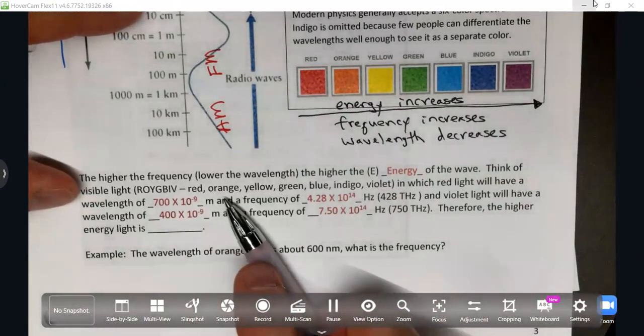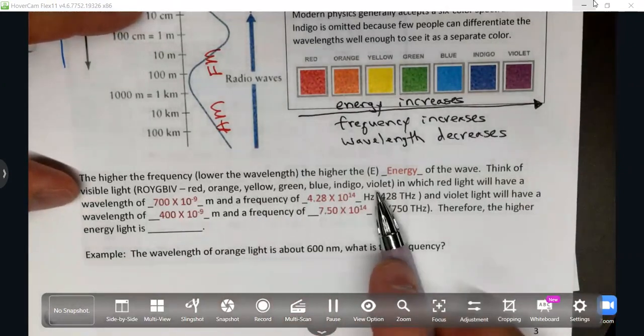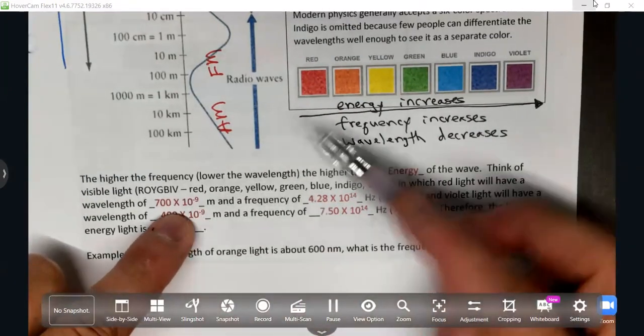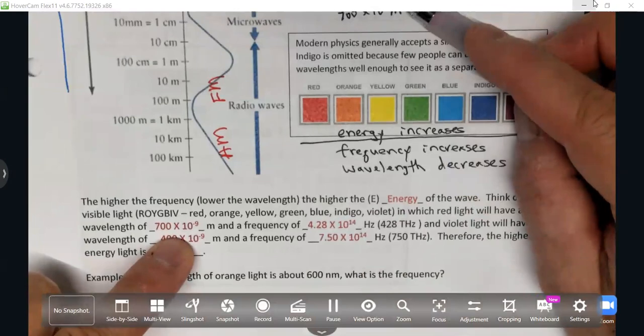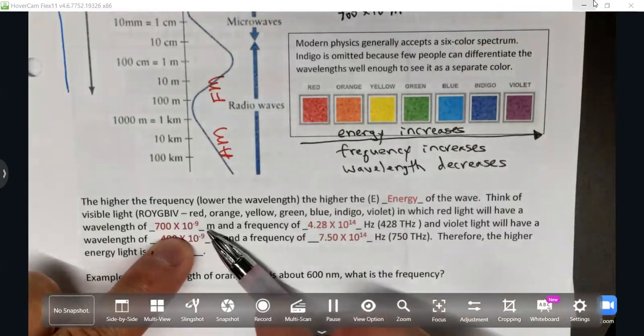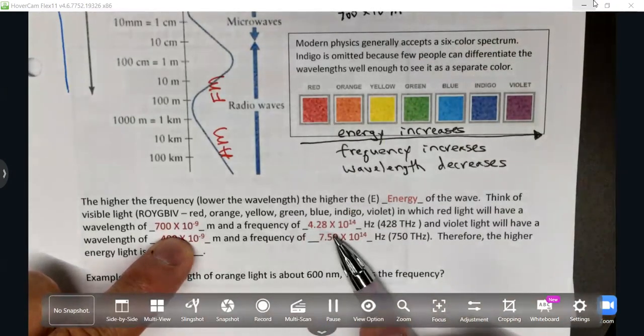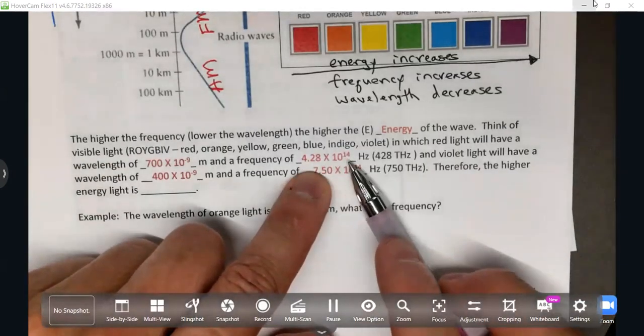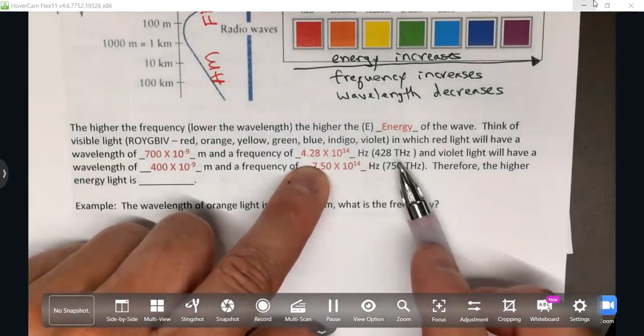So, Roy G. Biv: red, orange, yellow, green, blue, indigo, violet, in which red light will have a wavelength of 700 × 10⁻⁹ meters and a frequency of 4.28 × 10⁻⁴ hertz if we calculated that out. And that would be terahertz.